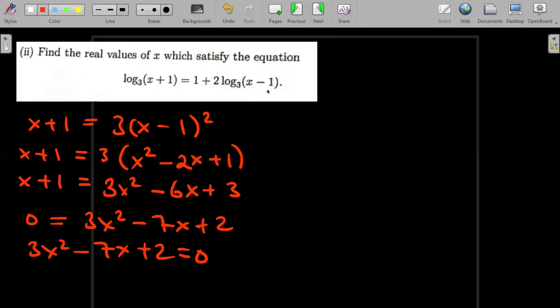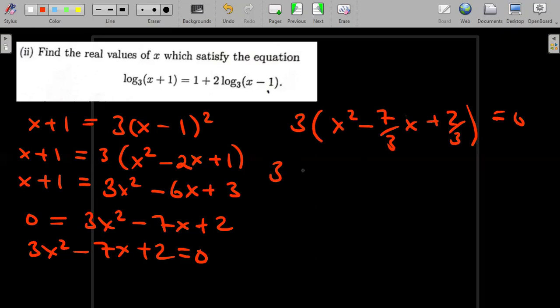We can use any method. Let's complete the square. We can factor out 3, and we have x squared minus 7 over 3 x plus 2 over 3 equal to 0.